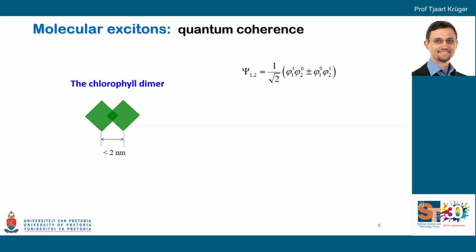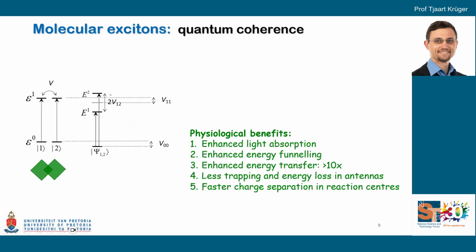And one of the consequences of forming the molecular excitons is that the different energy levels are split. Okay, and because of this and the fact that you have this quantum superposition, there's a whole range of biological benefits that are formed. The first one being more light that can be absorbed. When the light is absorbed, the energy is funneled much more quickly to the reaction center.